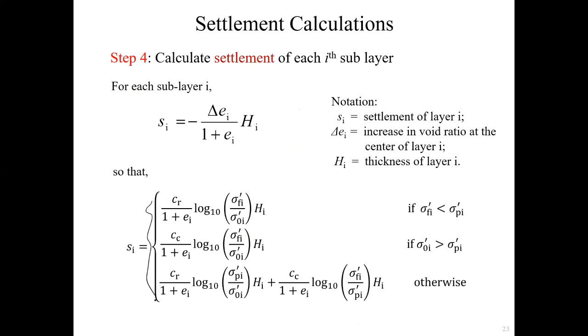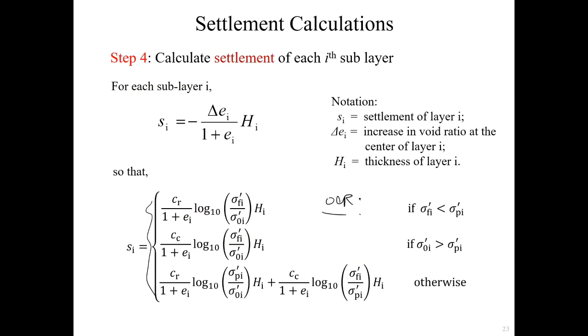Excuse me, sir. In case sigma P prime is not given, how do we calculate that? No, it ought to be given. Otherwise, for some cases, you may be provided the OCR. That's one more thing.